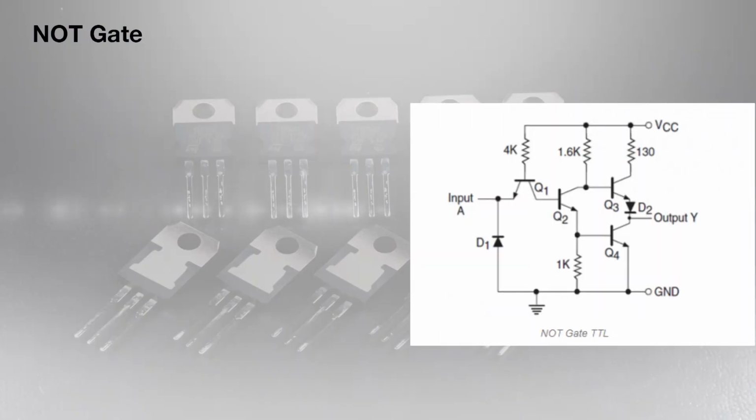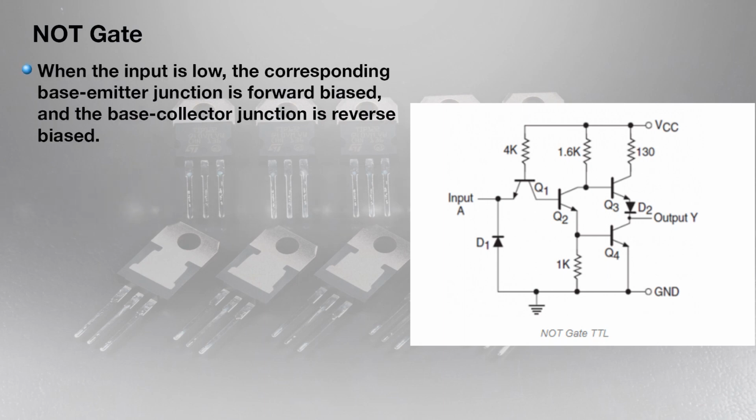Similarly, when both inputs are logic low, the output will be logic high. Figure 5 shows the TTL circuit of a NOT gate. When the input is low, the corresponding base-emitter junction is forward biased and the base-collector junction is reverse biased.